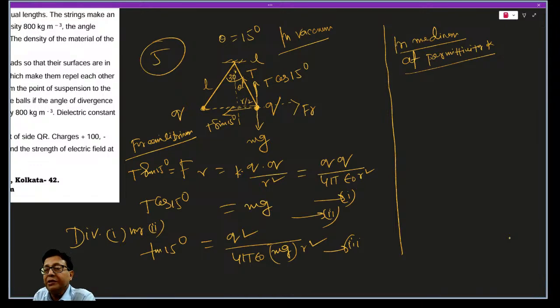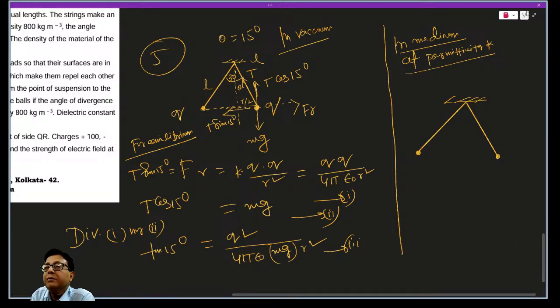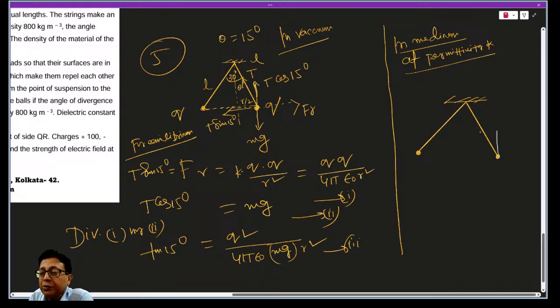The same diagram will be there, just mg will be partly balanced by the buoyant force also, isn't it? The buoyant force will act in the upward direction. I am writing it as U. Remaining things remain the same. This is 15 degree.